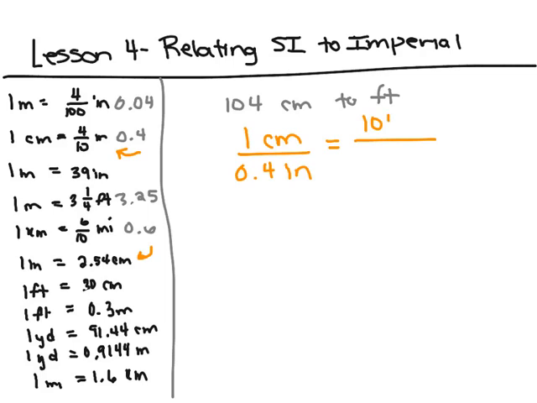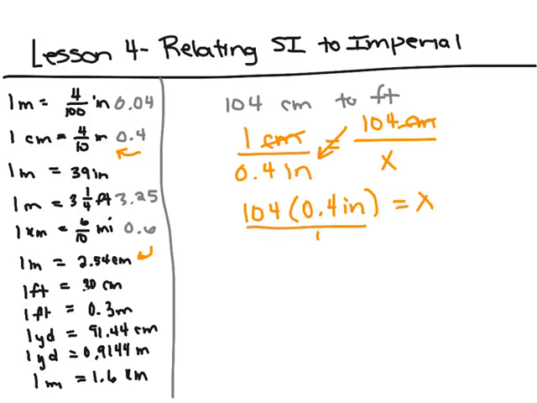And we have 104 centimeters, and we're looking for X. So we're going to multiply across, use proportional reasoning. Our units will end up canceling each other out, so we're left with inches divided by 1.